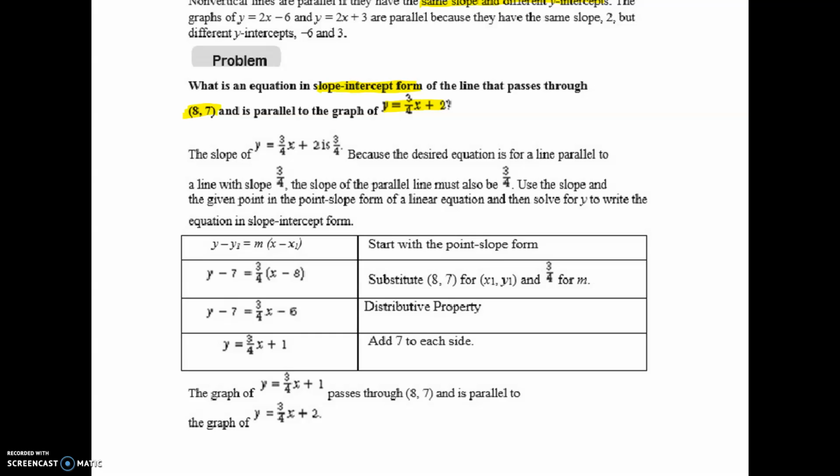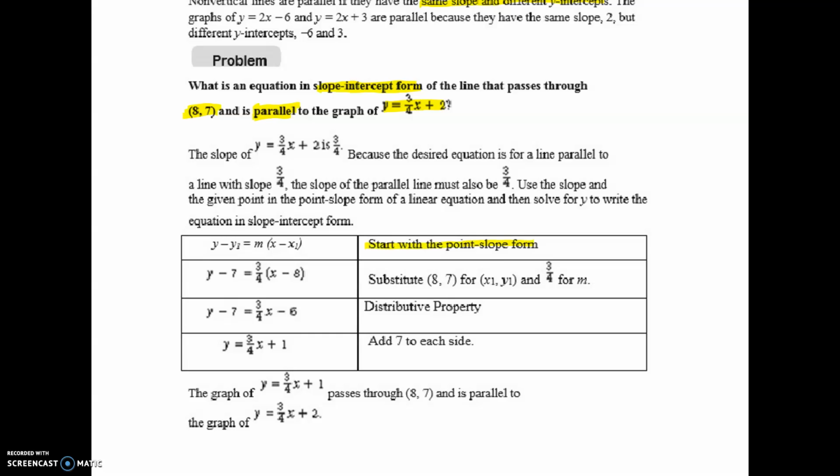So the thing to think about is we know if they're parallel to each other, they have to be the same slope. So since this slope is given as 3/4, we're going to use that slope of 3/4 in our new equation, and we're going to start with point slope form.